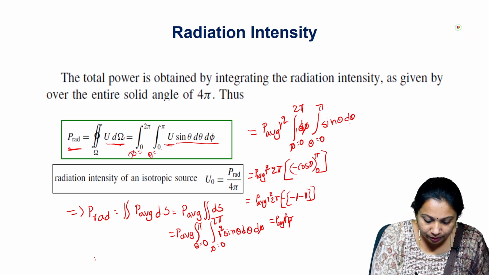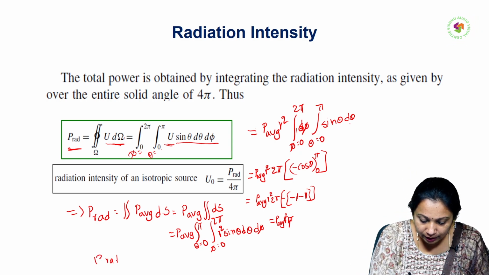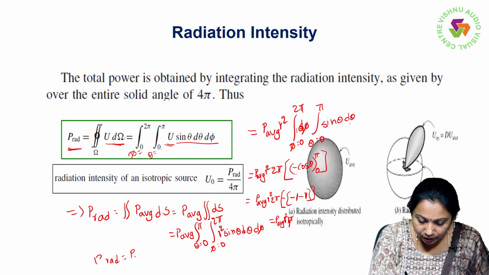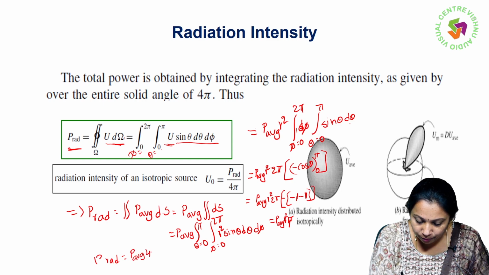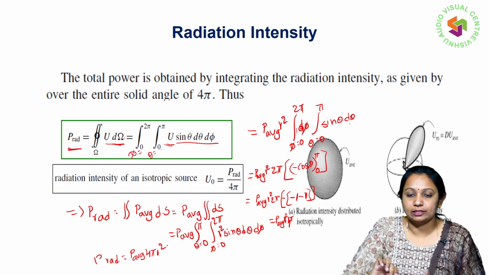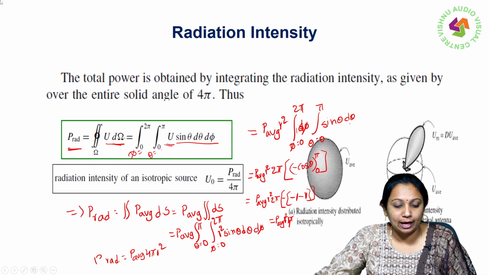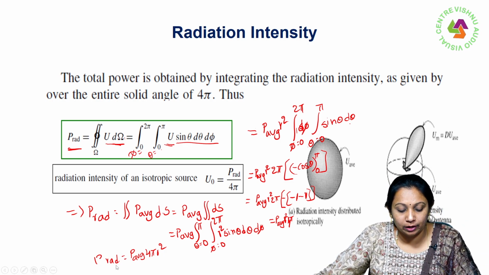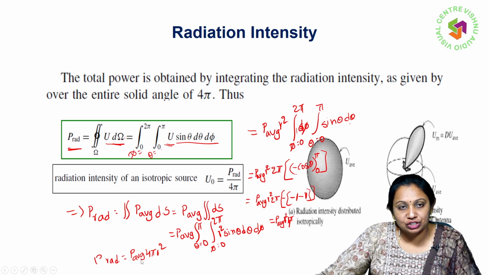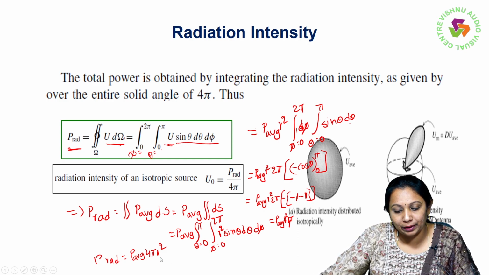So the radiated power is equal to P average into 4 pi r square. This is another way to calculate the total radiated power: the average radiated power into 4 pi r square.